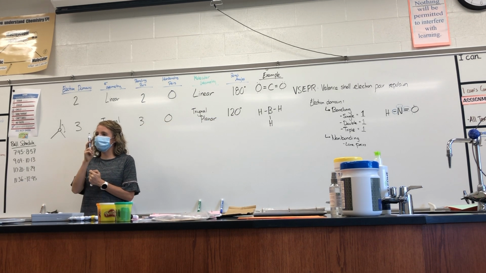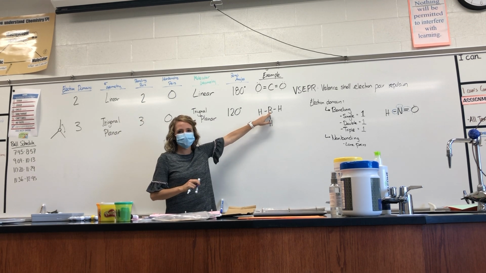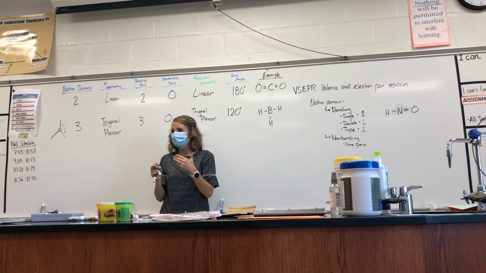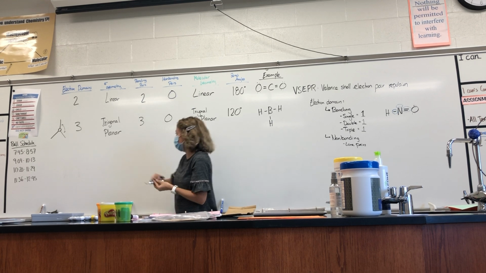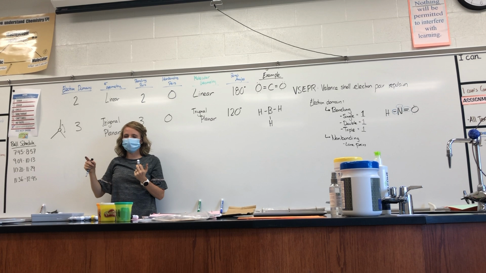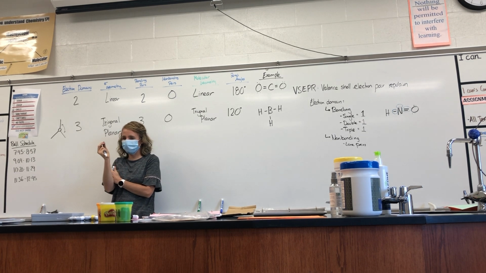Now, once again, this is the difference between how we draw on Lewis versus what it really looks like. It's not wrong as a Lewis structure to draw it like this, because Lewis structures we typically draw left, right, up, and down. But what it really looks like is this. Questions on that one?